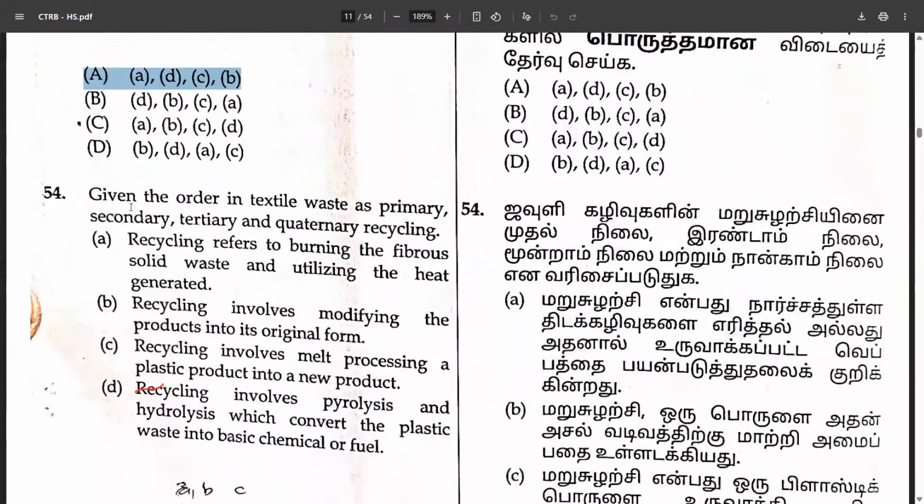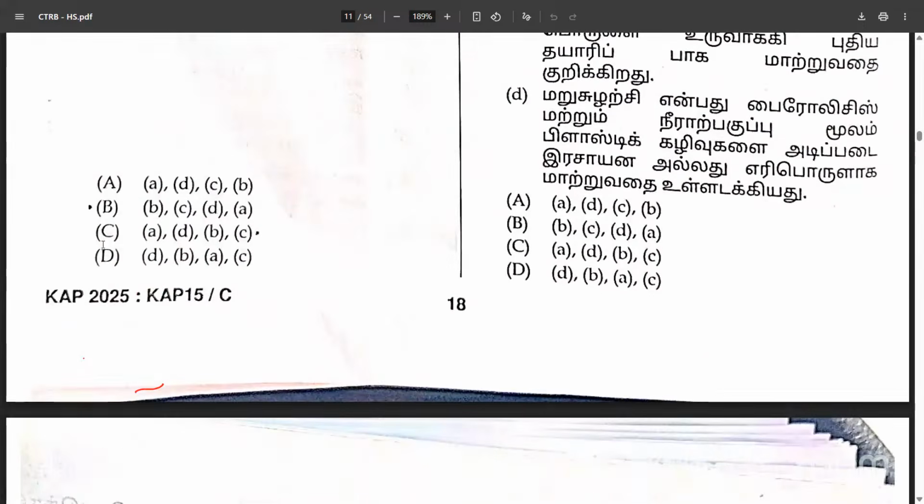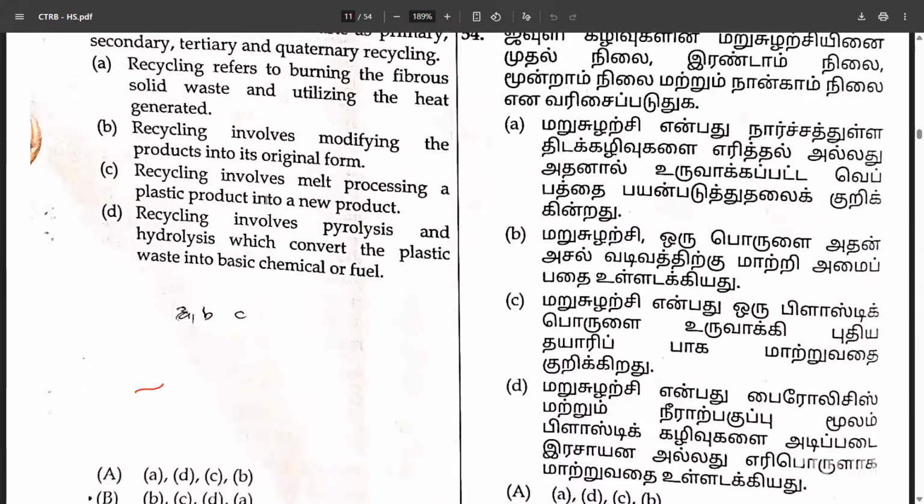Okay, coming to the next question, 54. Arrange the order in textile waste as primary, secondary, tertiary, and quaternary recycling. Okay, they are talking about recycling. So here the correct answer will be B, C, D, A. When we talk about recycling, here A recycling involves modifying the product into its original form.